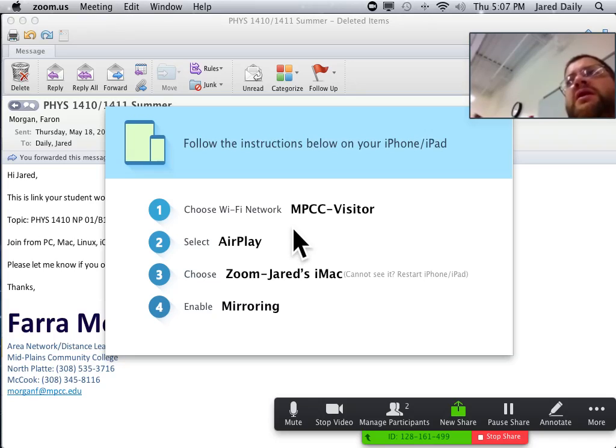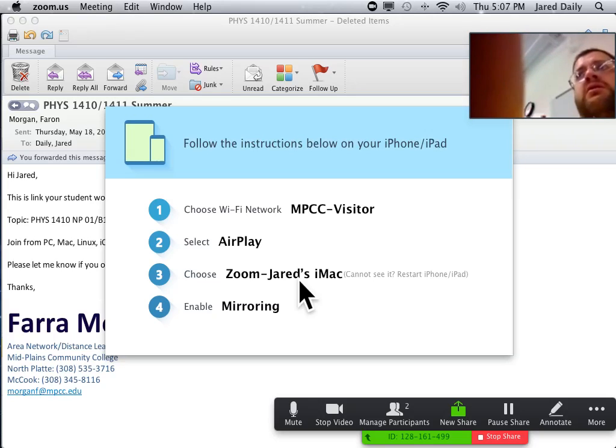Choose Wi-Fi network. Zoom, Jared's iMac. Can't see it. Okay. I like it.